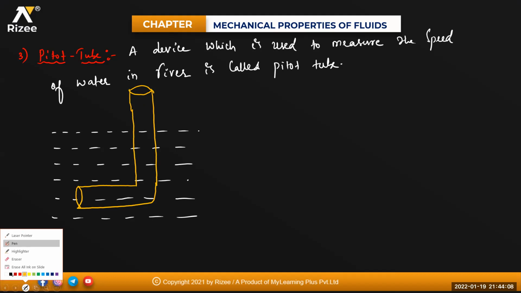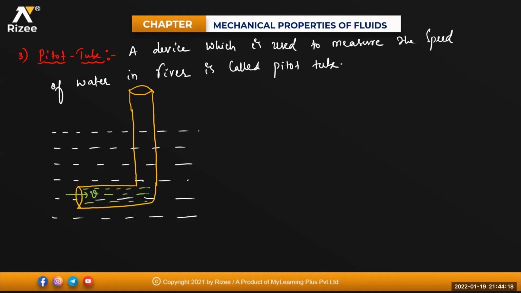The moment you keep this into the water, water enters into it with a certain velocity. Then from here, it will try to rise in this tube up to a certain height. Outside the river, the height is H, and this height is, say, H naught, to which it has been raised in the tube.